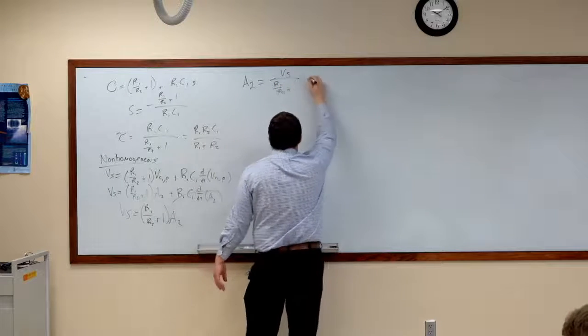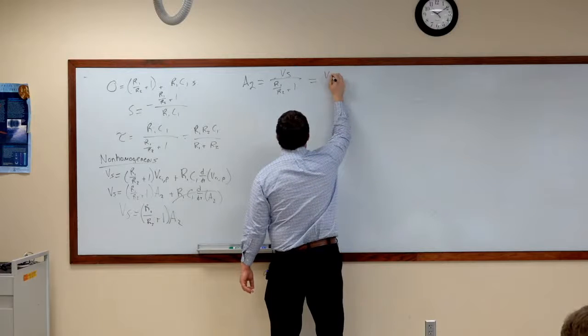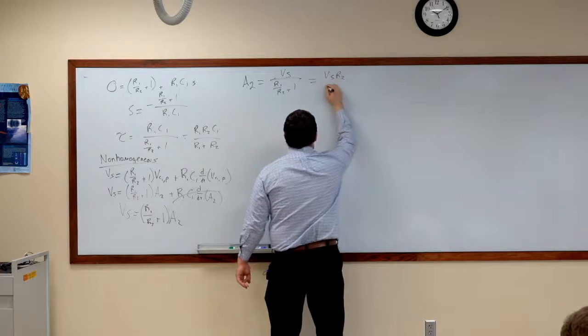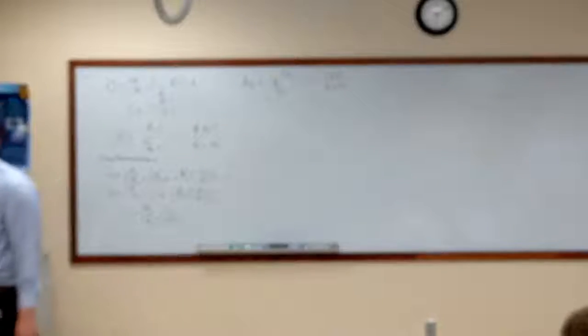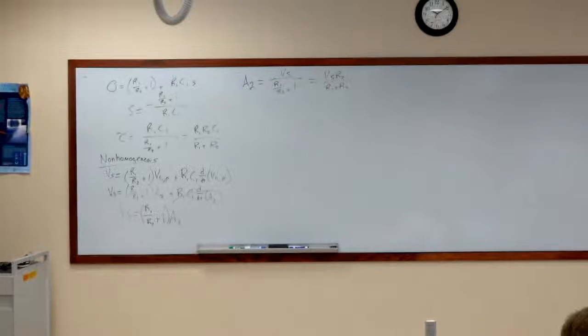Or you can simplify it a little bit if you really want. It's equal to Vs R2 divided by R1 plus R2. Both of those are equivalent. I don't care how you hand it in to me, just as long as it makes sense to you, and as long as it's right, I don't care what form you use.